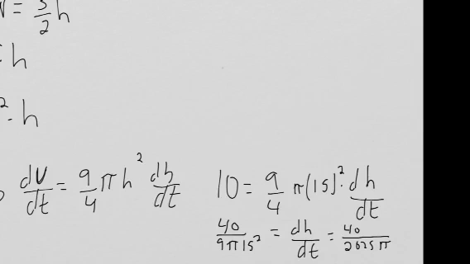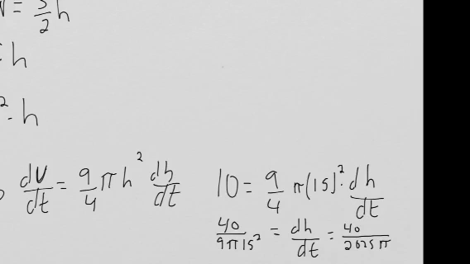And then I'm sure we can simplify that. Let's see, what's going to go into 2025 that also goes into 40? Obviously 5 goes in. Okay, so 5 goes into both. So 40 divided by 5 is 8, and then 2025 divided by 5 is 405.